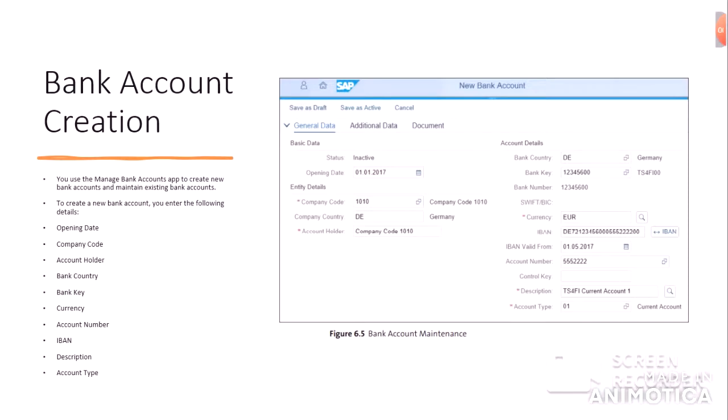So to create a new bank account, we need the opening date, company code, account holder, bank country, bank key, currency, account number, IBAN, description, account type. So it is in detail what kind of account it is, and more details about the account holder and which company code and when the account is opened and everything.